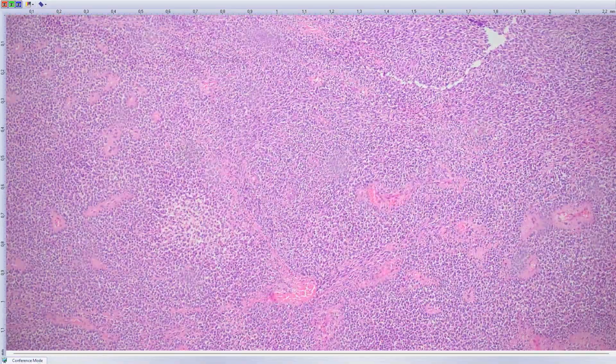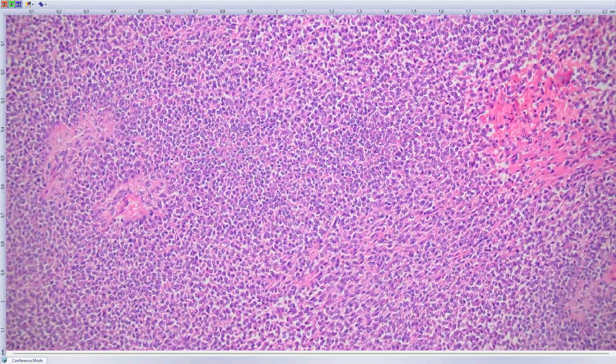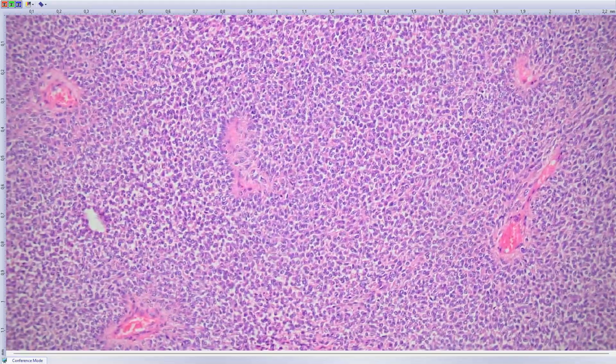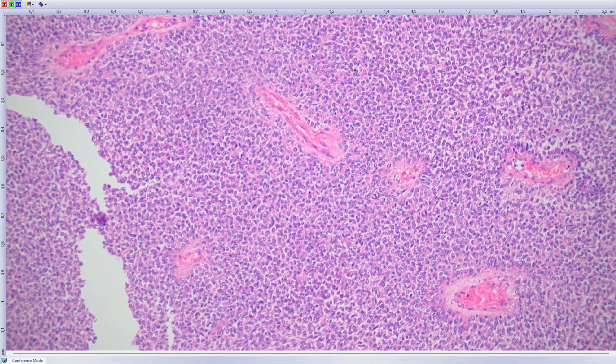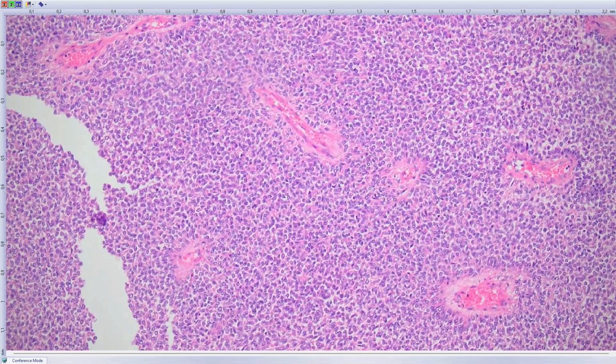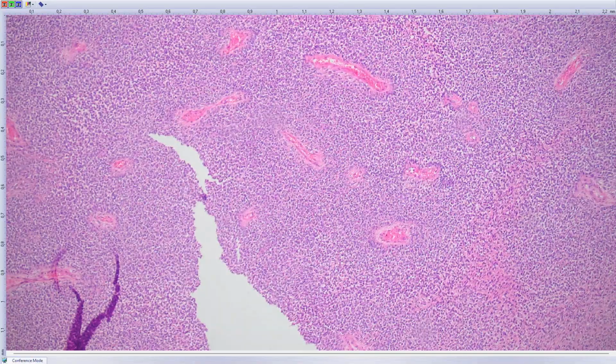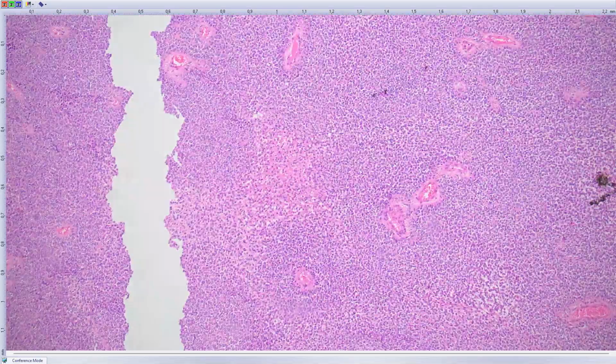You can see, I think, pretty clearly why, because it indeed is undifferentiated, monotonous, round to ovoid cells. An Archer sequencing panel was done back then. It came back negative, so there was nothing else to do. In 2017, we didn't have anything more sophisticated.